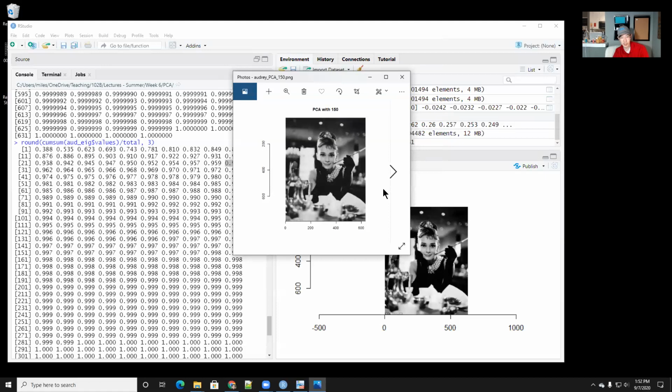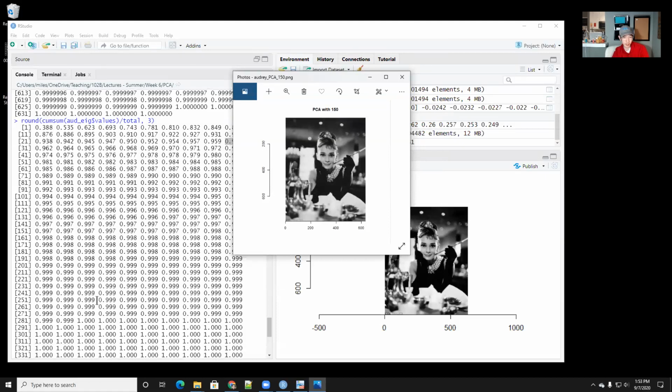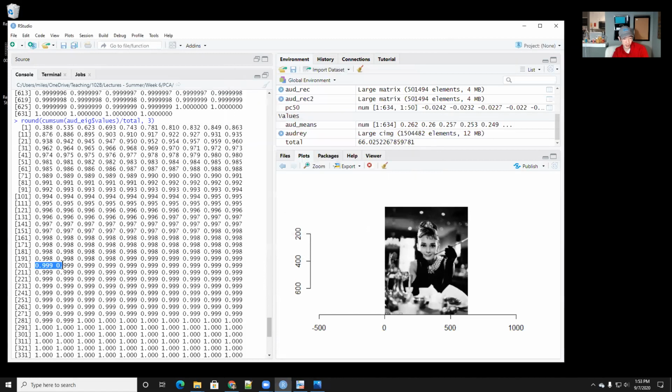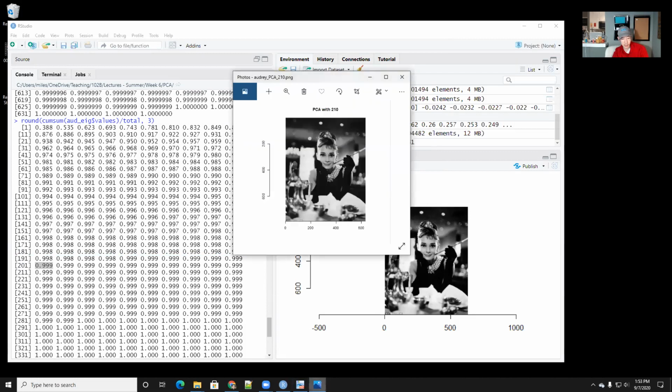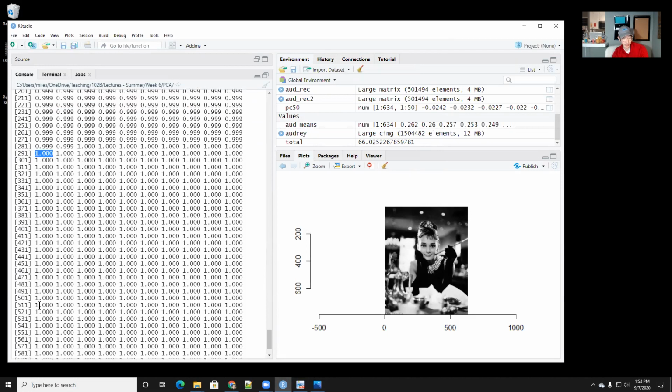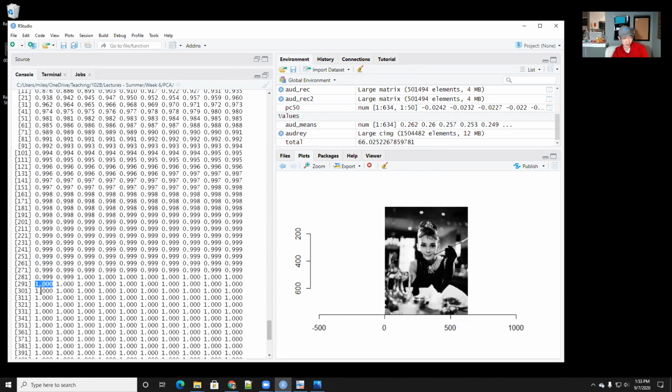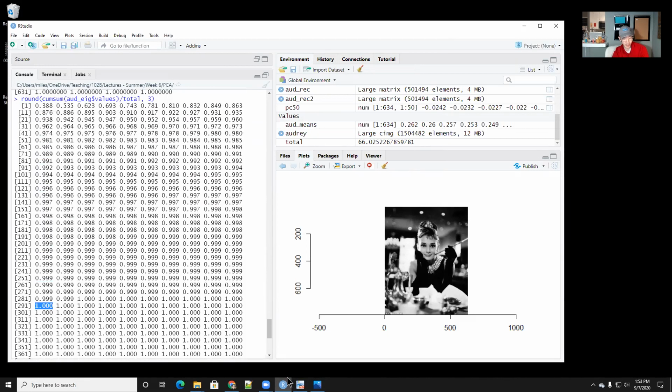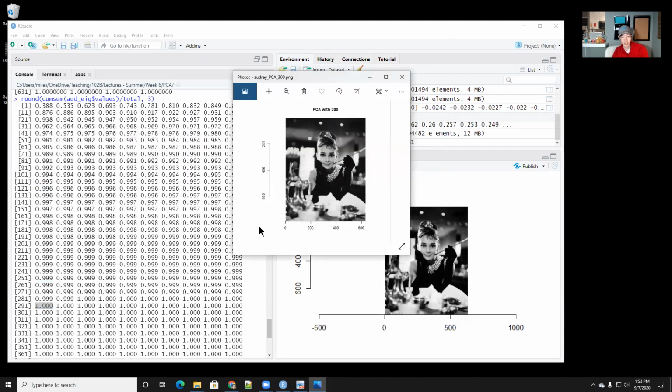Okay, and by the time we get to say 200 principal components, we're capturing 99.9% of the variation. And at 300, it's basically 100% when you round off to 3 decimal places. Beyond 300, you've captured pretty much all the variation that exists in the image.